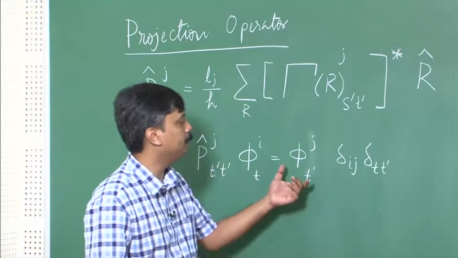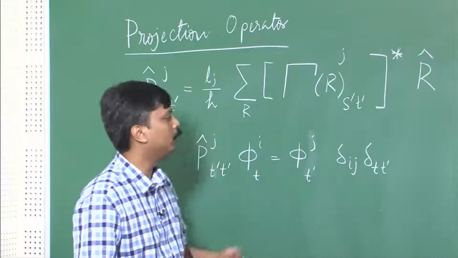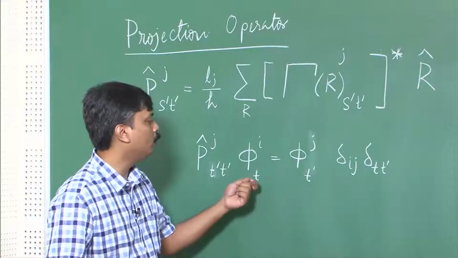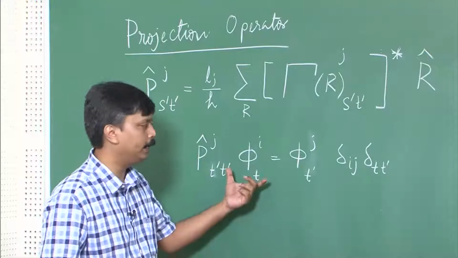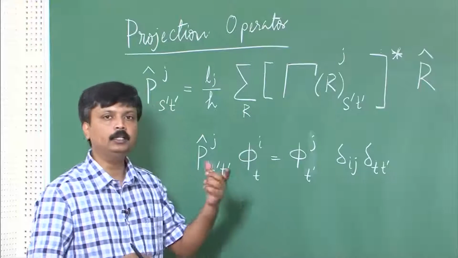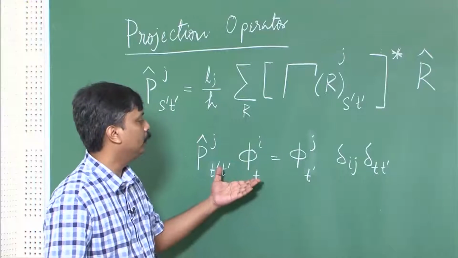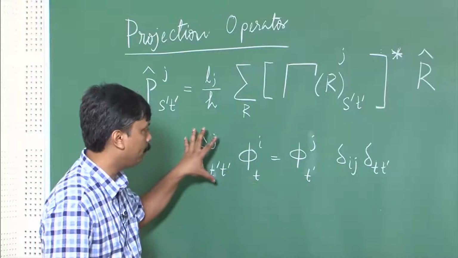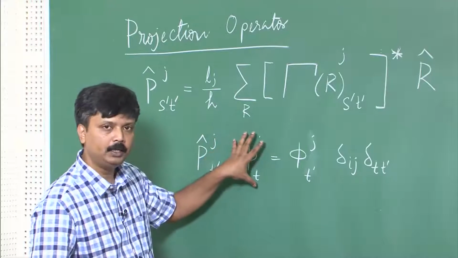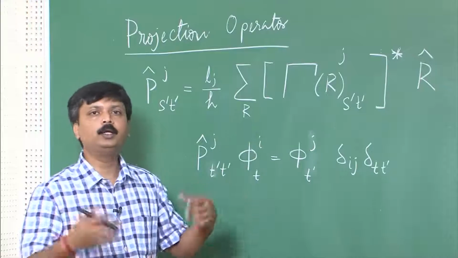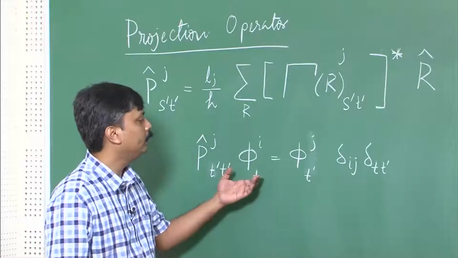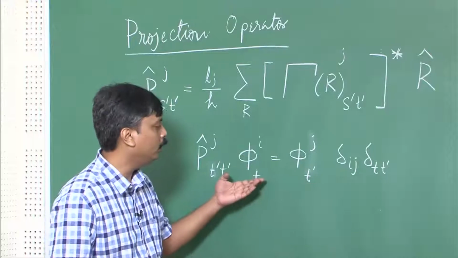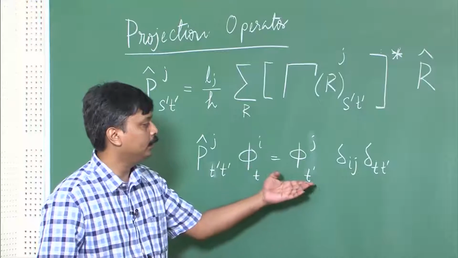Thereby this particular special case of the projection operator will find out whether this phi t prime belonging to a particular jth irreducible representation occurs within the orthonormal set, say phi i's, one of which is here as phi t. If you apply this projection operator onto any arbitrary function belonging to an orthonormal set, then either this function itself will be this one or it will contain this function.